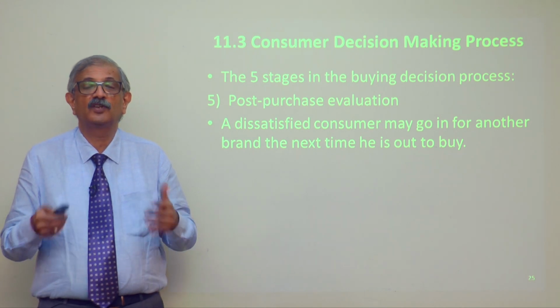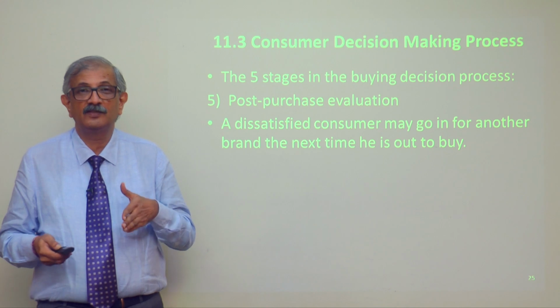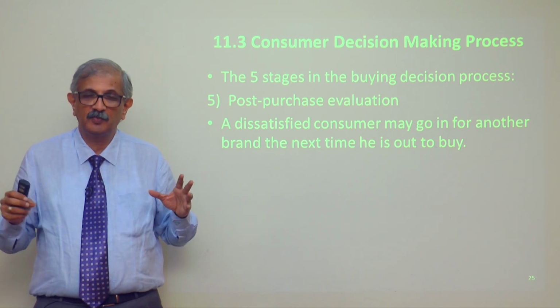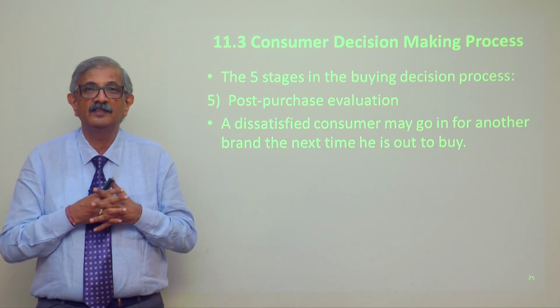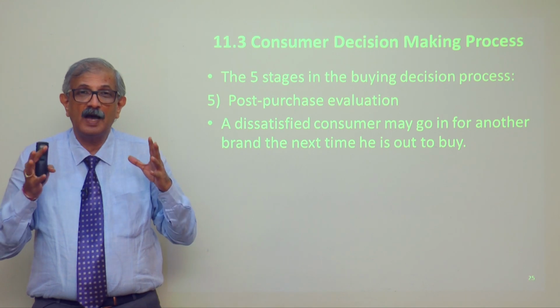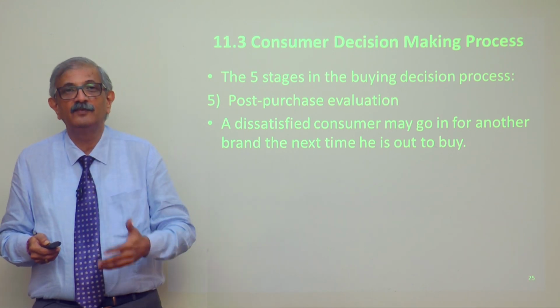There is no structured or scientific rule which says that this has to happen like this only. It gives you a perspective that the consumer goes through these 5 phases during his buying decision or consumer decision-making process. Now, how do you as a marketer understand and then influence them?